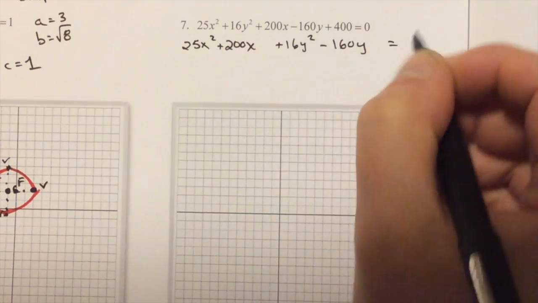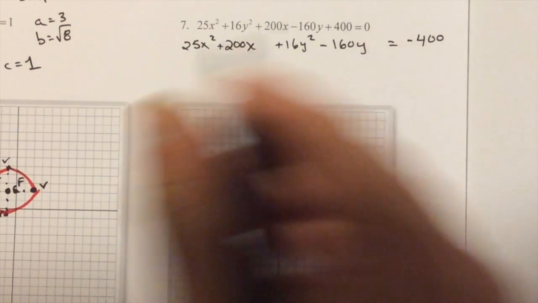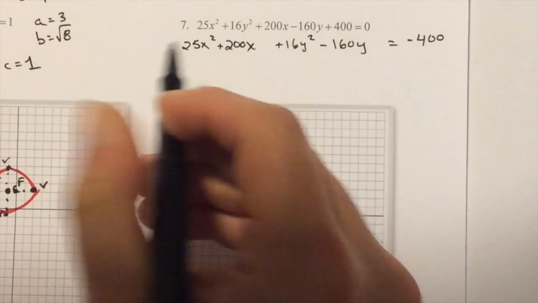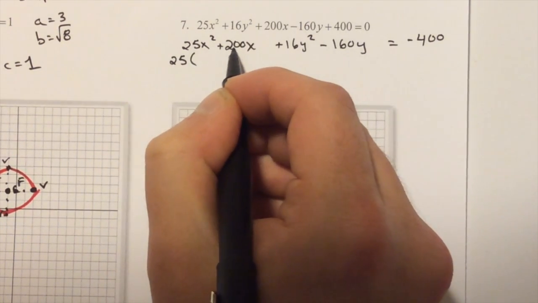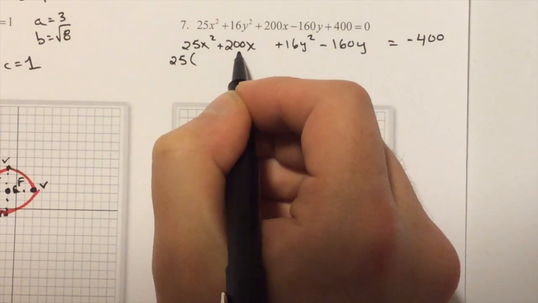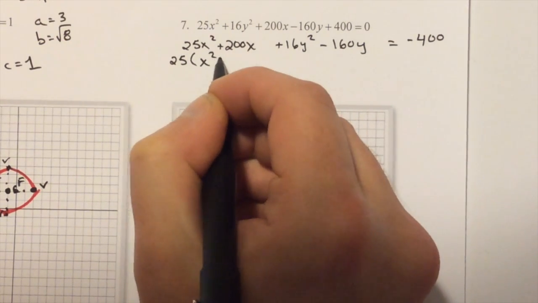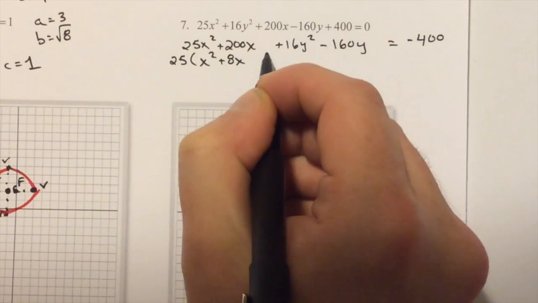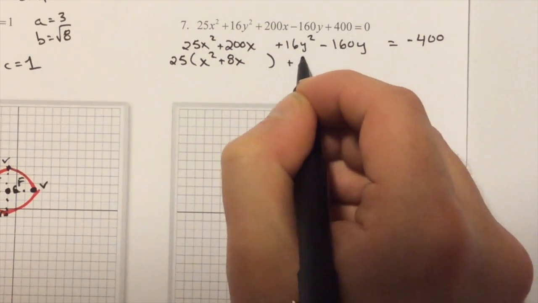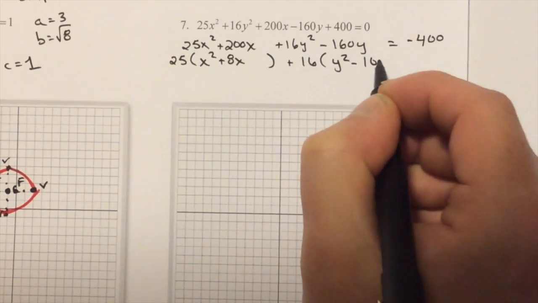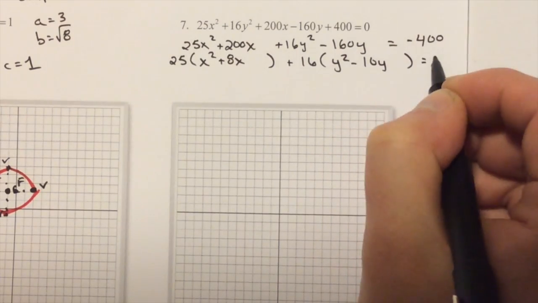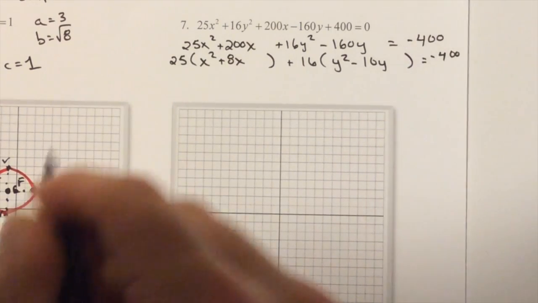Move the 400 to the other side, minus 400. I'm going to factor out a 25, and 25 times what gives me 200? That's 8, so I have x squared plus 8x, leave a little space, plus 16y squared minus 10y, leave a little space, equals negative 400.